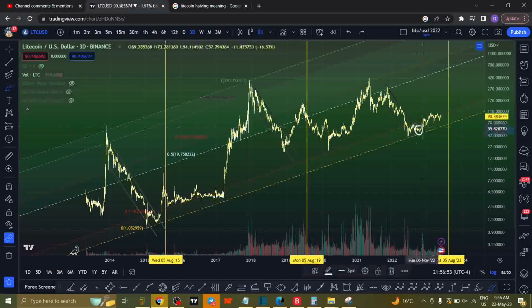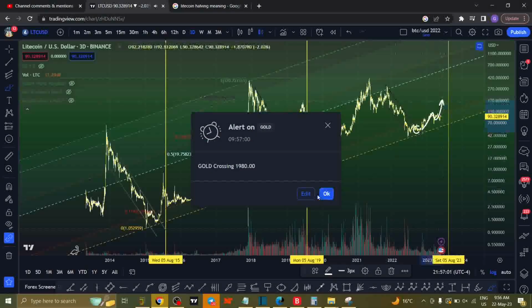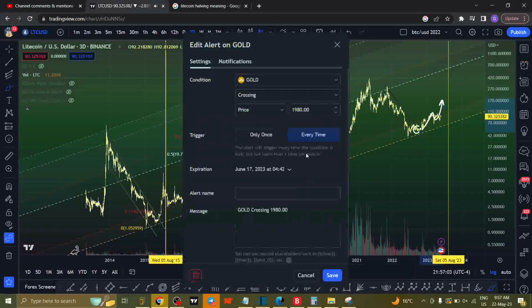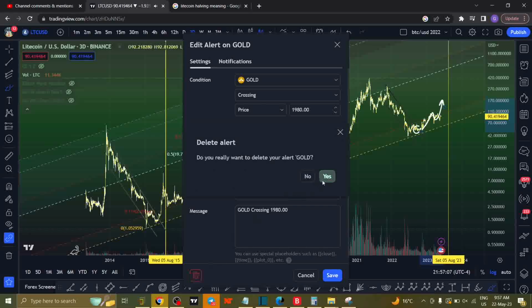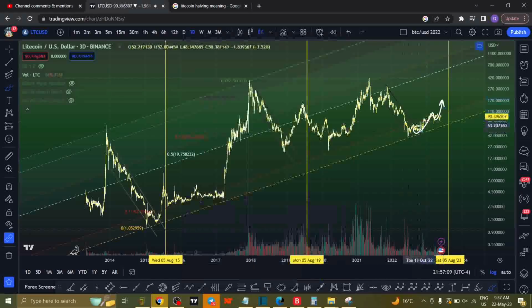And lastly, with our last fractal, we crossed above our resistance level. Therefore, I expect a further movement to the upside. Let me go ahead and turn off this alert, just like that. So just from our previous support and resistance, it's indicating that we're going to get a further push to the upside.